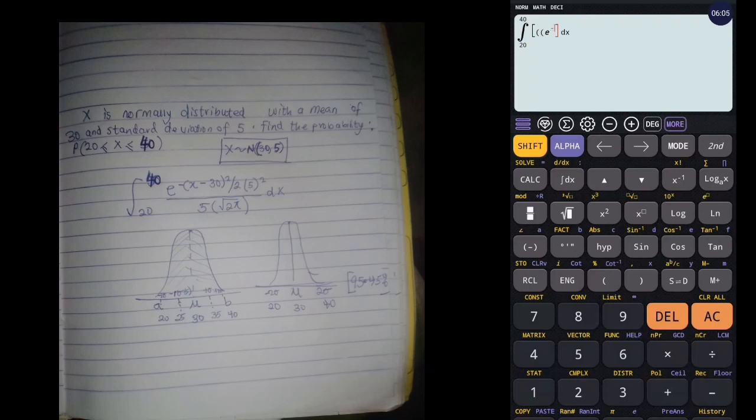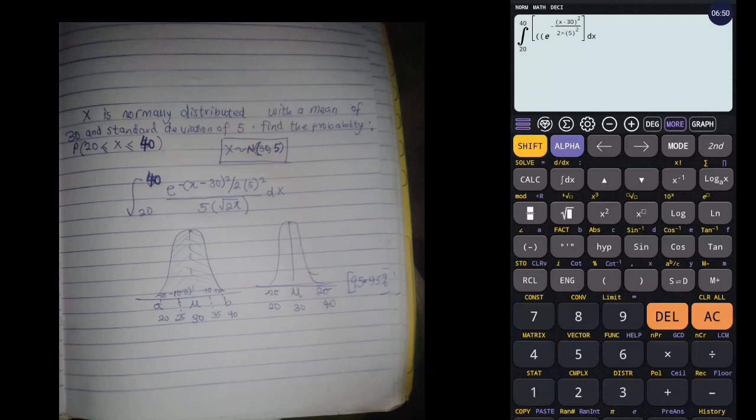So we have minus, open a bracket, the random variable X, that is alpha X, minus our mean, which is 30, close the bracket, squared, raised to the power of 2, over 2 multiplied by the standard deviation 5 squared.